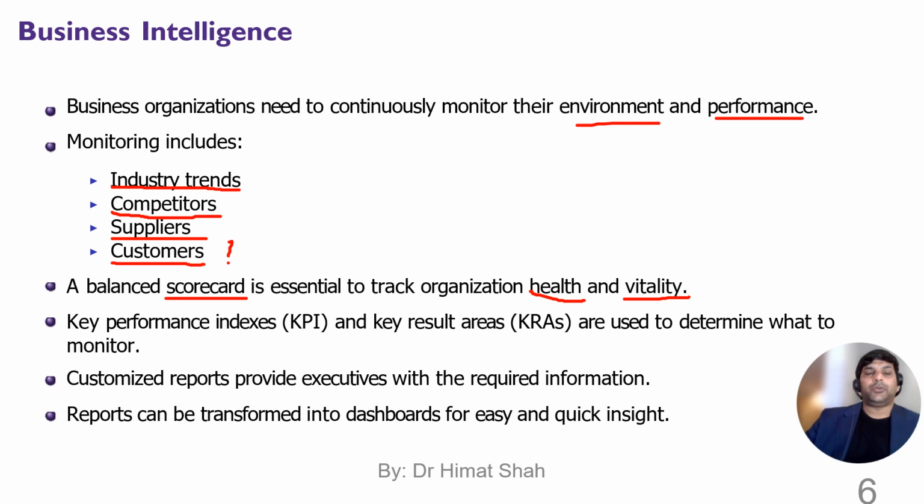For that, they use indexing systems like KPIs, key performance indicators, and KRAs, key result areas, for determining what they are monitoring and to update themselves in order to find their performance. These types of reports are very helpful, and they require up-to-date information.